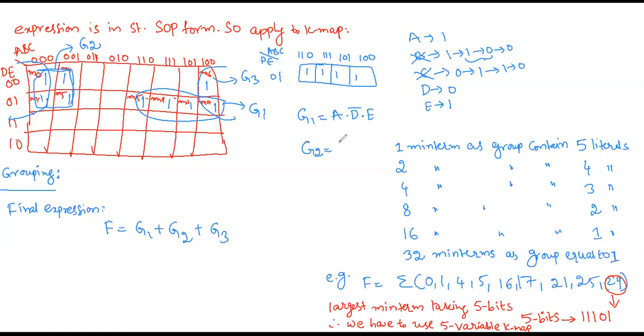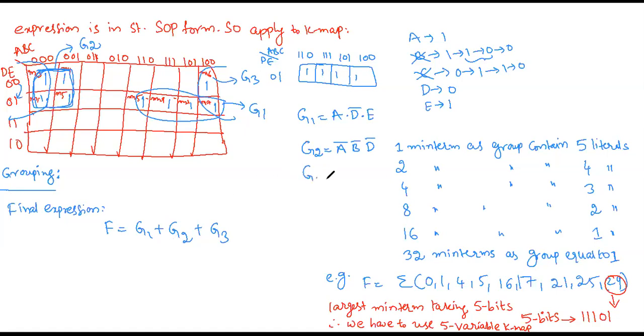A value constant 0 means A bar. Similarly B bar. C value is 0 to 1, changing, so don't write. Look at the D value: D value is 0 to 0 only, so it is D bar. E value is changing 0 to 1, so don't write.